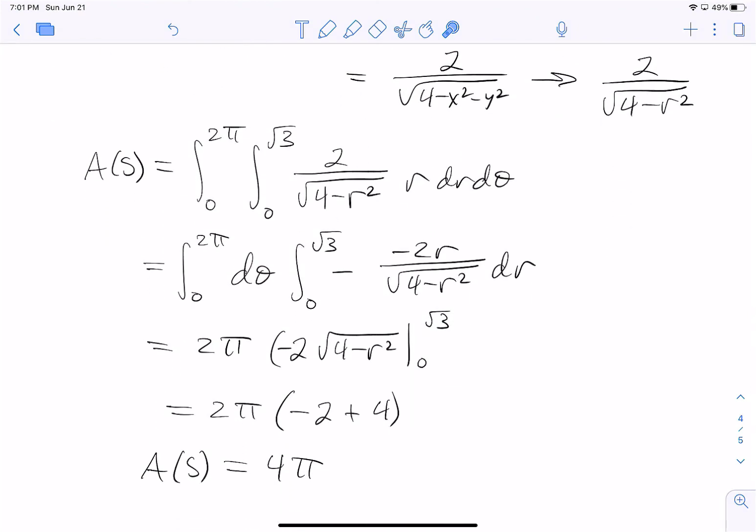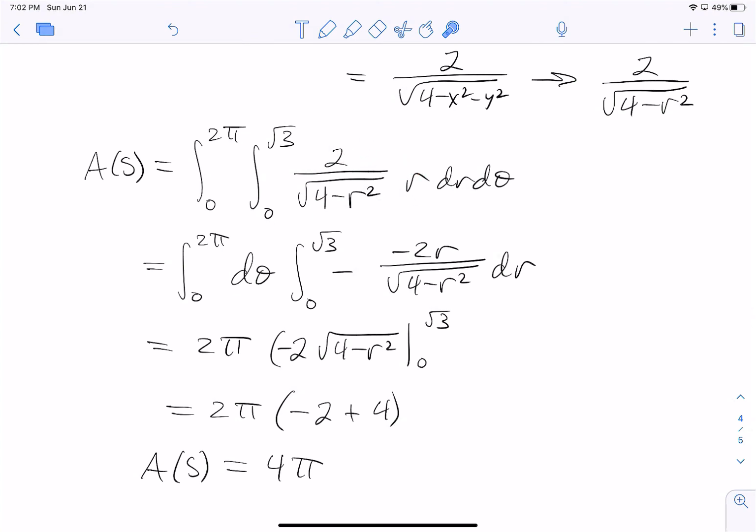We have a situation where we can split the integrand up into a function of theta and a function of r. The function of theta is 1, pretty straightforward. But here I've expressed it as the integral from 0 to 2 pi d theta times the integral from 0 to the square root of 3 of, now I multiplied and divided by -1, and I put the r up in the numerator with the 2.